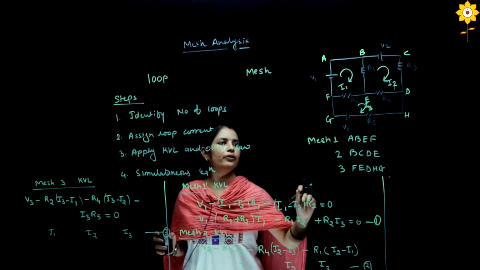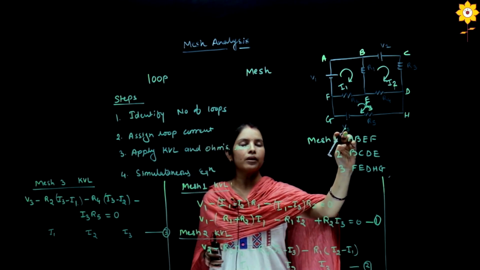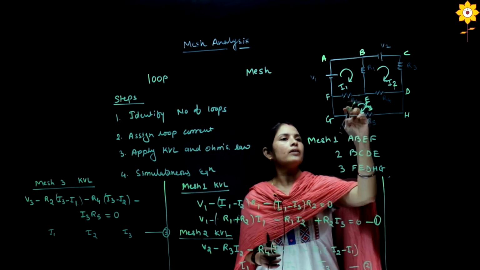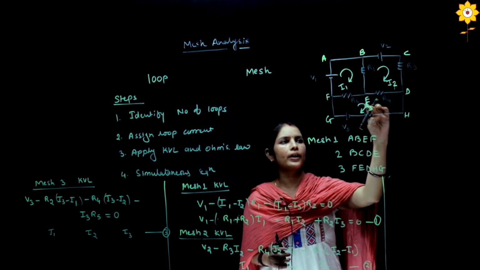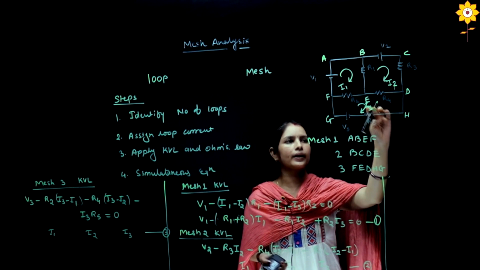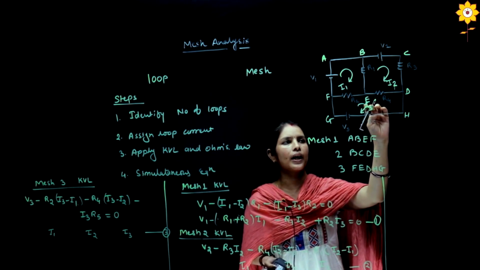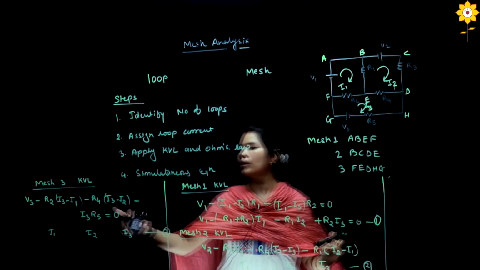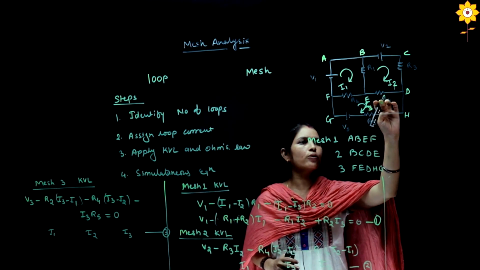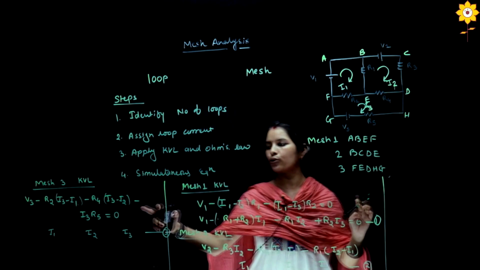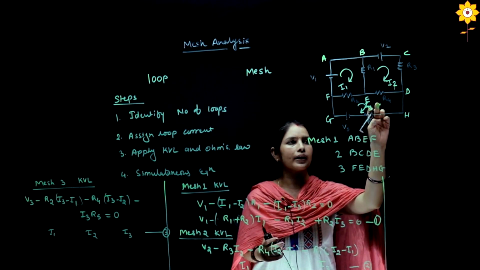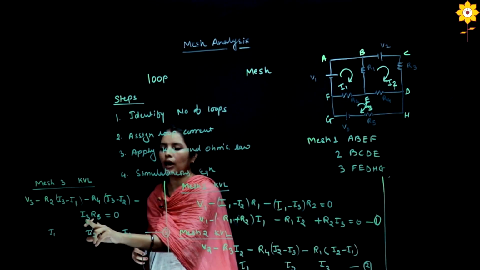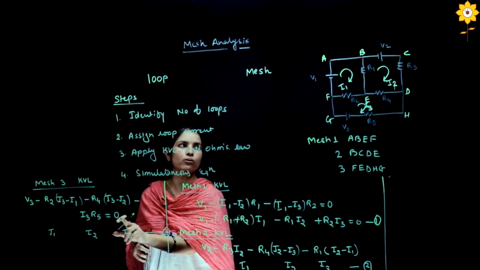So here we will write V3, then R2. From R2 we have two different currents I1 and I3. We will be considering I3's direction. So we will write I3 minus I1, then minus R4 into I3 minus I2, minus, from R5 only one current I3 is flowing, so I3 R5, equals 0.